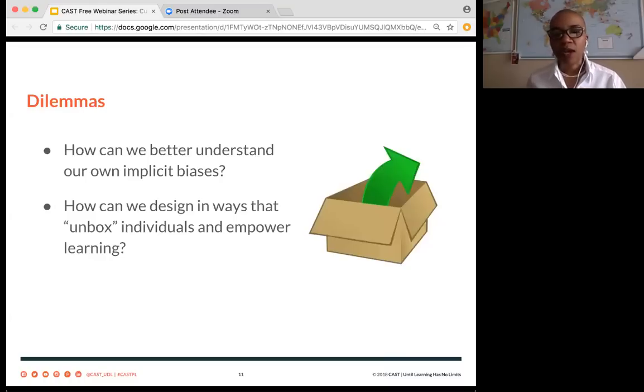And so one way that we can better understand our own implicit bias is truly to be courageous enough, to be brave enough to go through that process of self-examination.